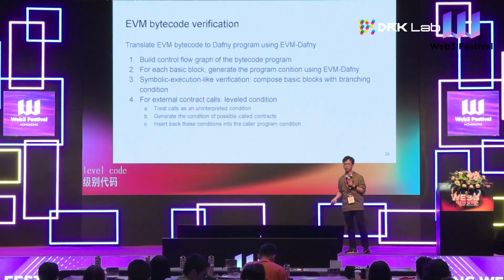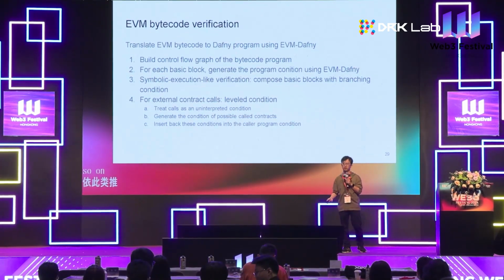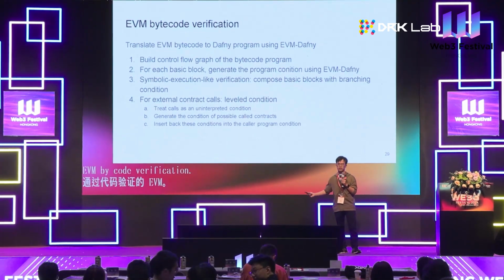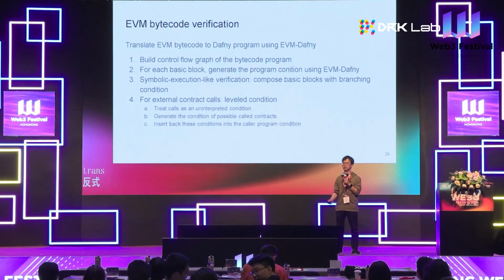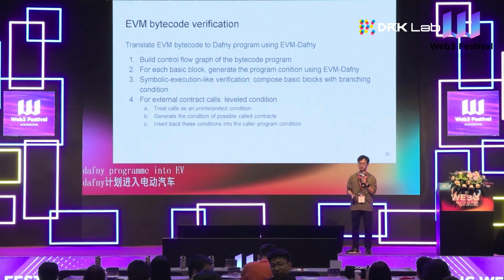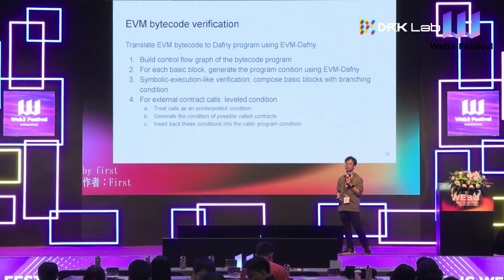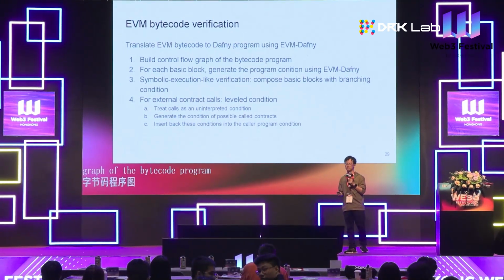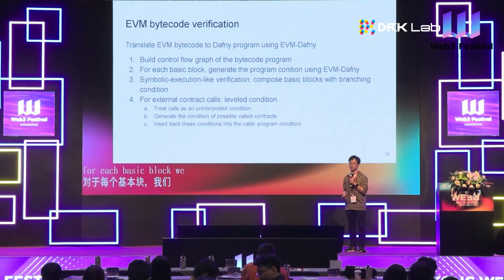On the low-level code, which is EVM bytecode verification, the approach is simple. We translate the EVM bytecode into a Dafny program using EVM Dafny by first building the control flow graph of the bytecode program. And for each basic block, we use EVM Dafny to generate the weakest precondition.